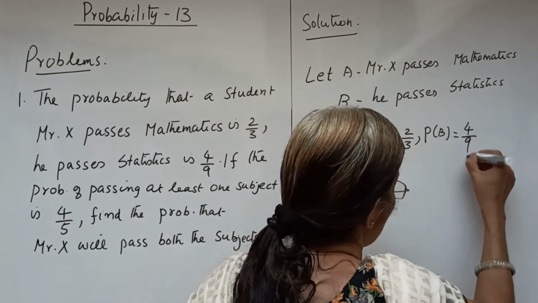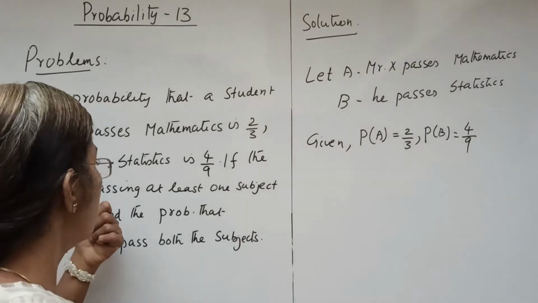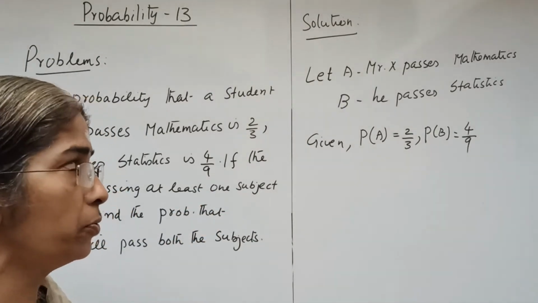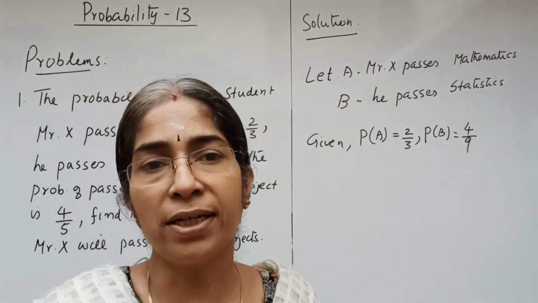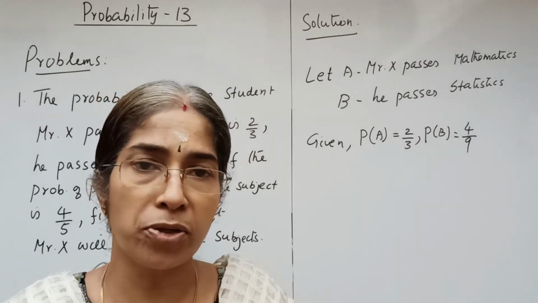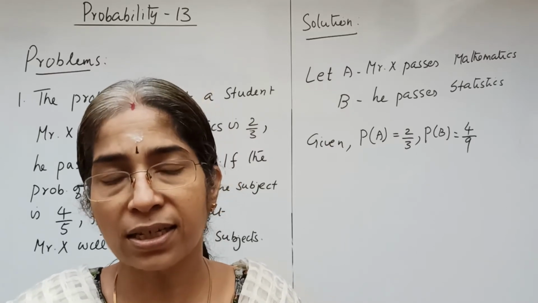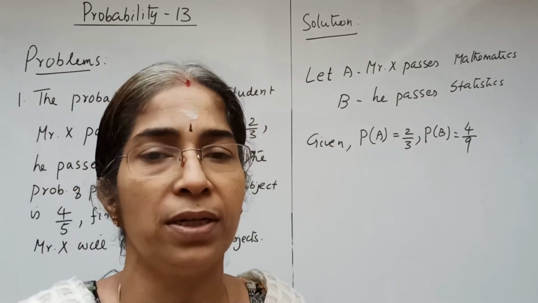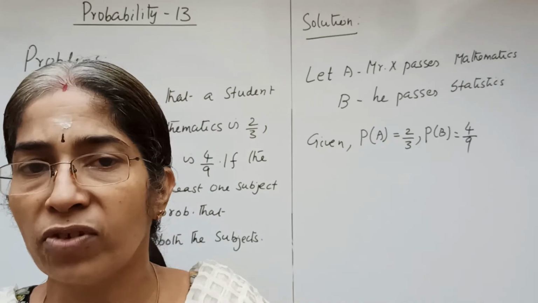And given the probability of passing at least one subject: in case of two events A and B, the probability of at least one is P of A union B. By the addition theorem, the formula is P of A plus P of B minus P of AB.